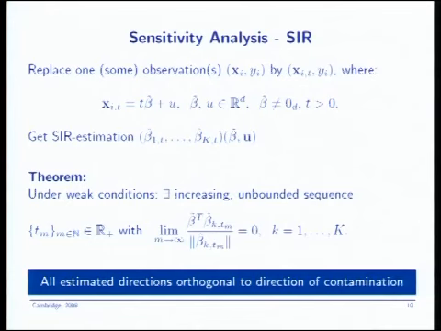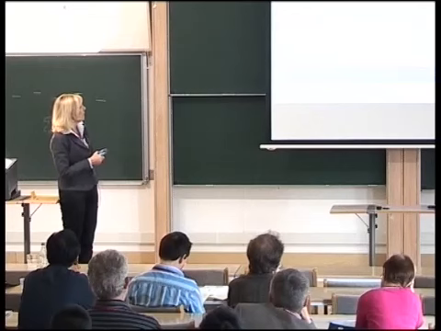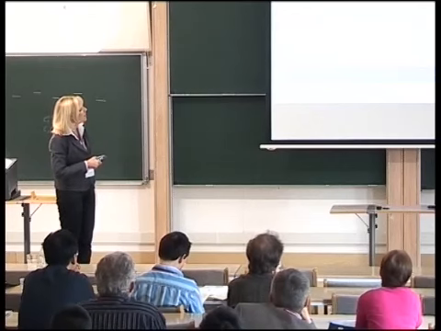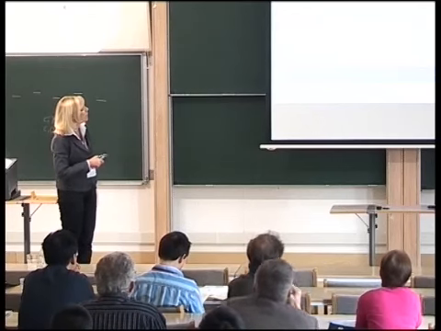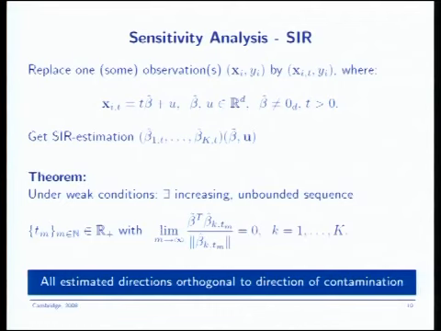Then there is a theorem which tells us the following. If you then proceed with the SIR procedure for the contaminated data, then under some really weak regularity conditions, the further out you push your X observation into the direction of beta tilde, it happens in the end that the estimated direction becomes almost orthogonal to the direction in which you have shifted the X observation.